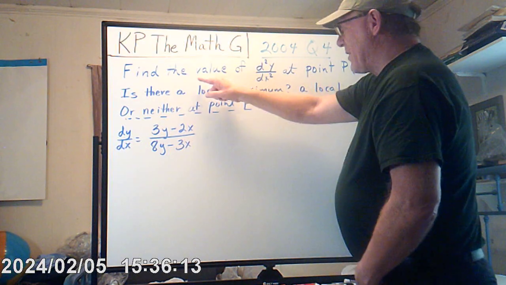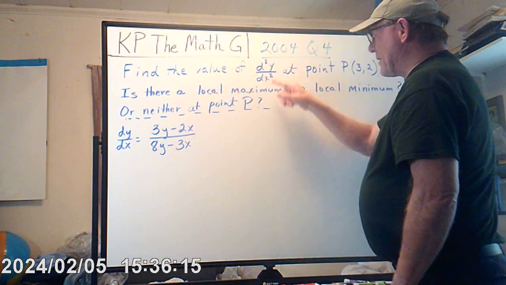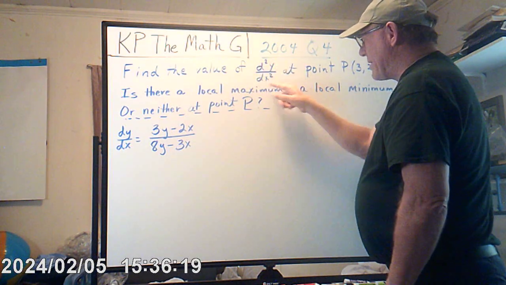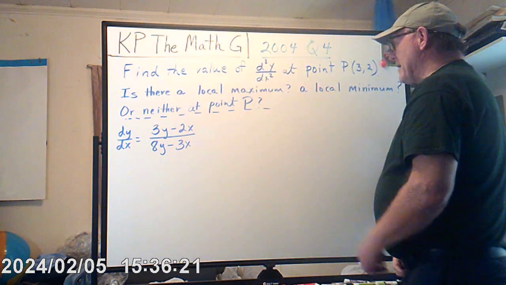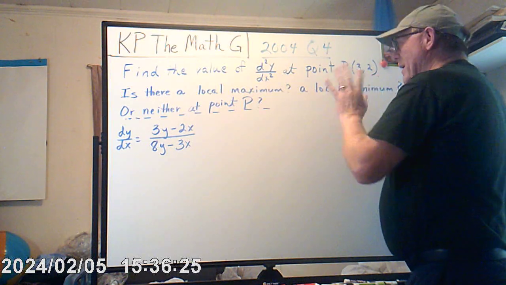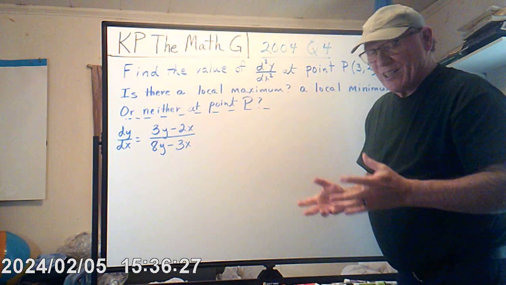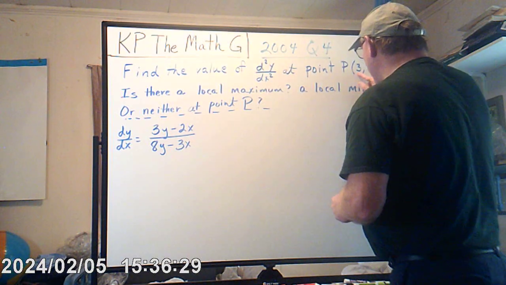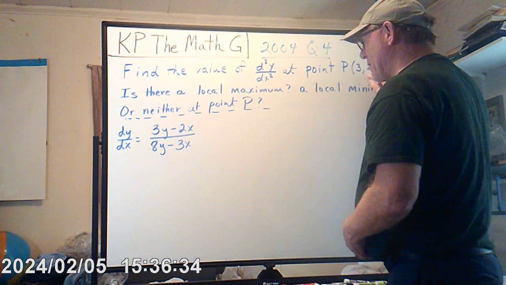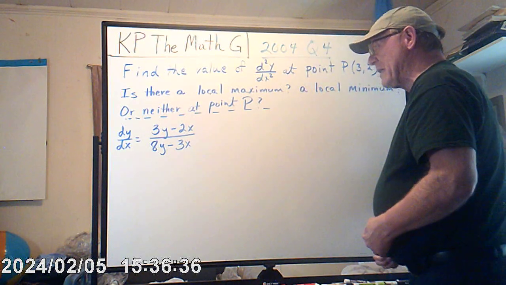Now it says find the value of d²y/dx², in other words, the second derivative, at point (3, 2). We found that point on the last video. They already gave us that x was 3, and from the last video we found that y is 2.